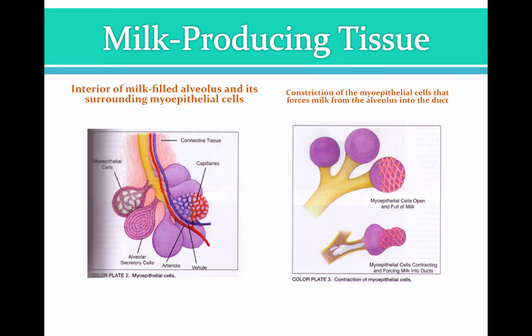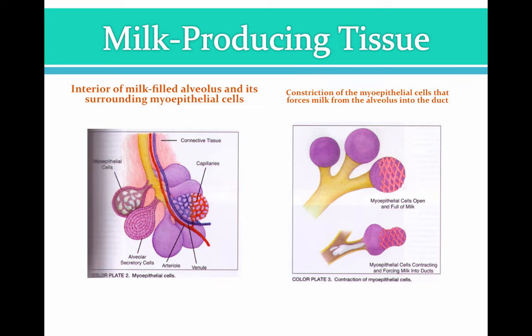If you can just imagine these myoepithelial cells contracting, that squeezes the milk out through the ducts. Many times when a mother is nursing her baby, she starts to have a letdown, and we'll talk about letdown later, but that's when the milk is released. That's what happens when the myoepithelial cells contract and squeeze the milk out. Many mothers can feel that sensation, and it can feel tingly, like you hit your funny bone on something.